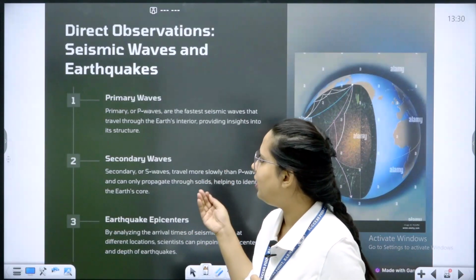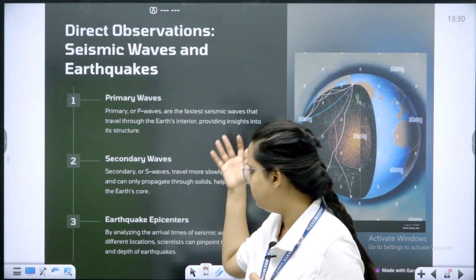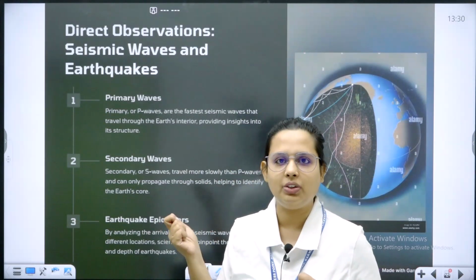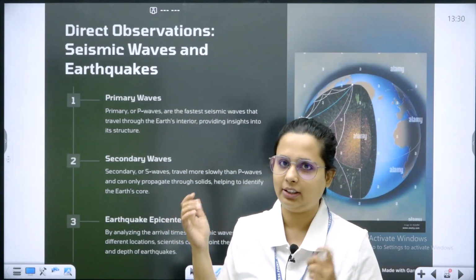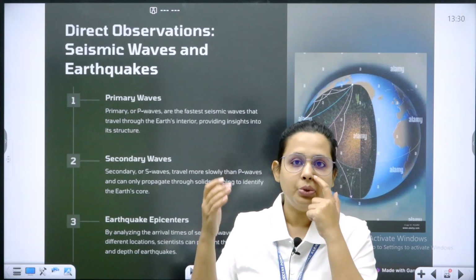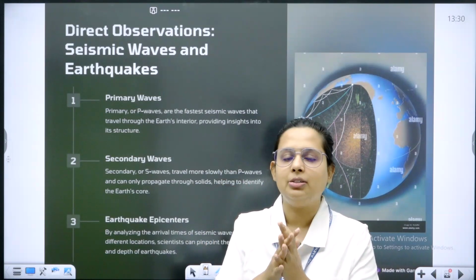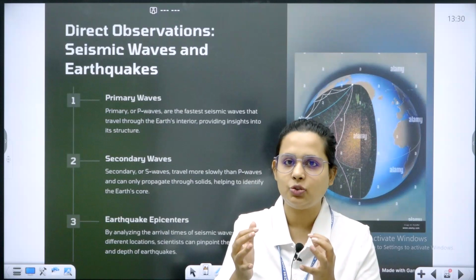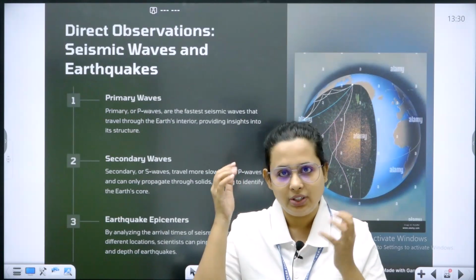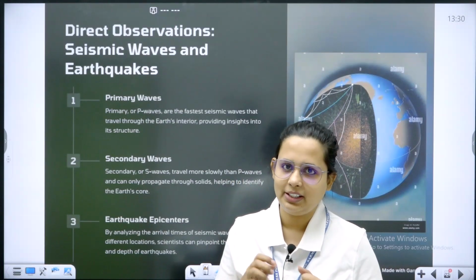Earthquakes have three types of waves, I would rather classify them, and those waves generated by the trembling of the Earth are actually the direct source of information about the interior of the Earth.